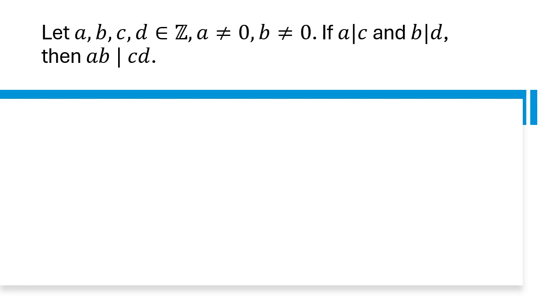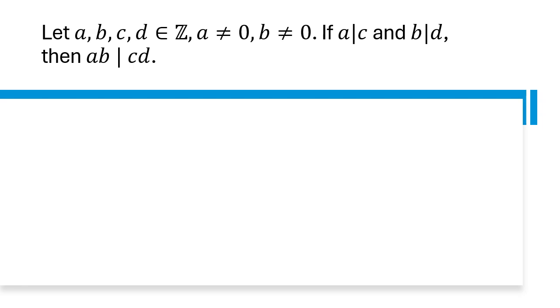Let's take a look at another statement. This one says if we have four integers, A, B, C, and D, where A is not equal to 0 and B is not equal to 0, and if we have that A divides C and B divides D, then the product AB will be a divisor of the product CD. We're going to do a direct proof again.